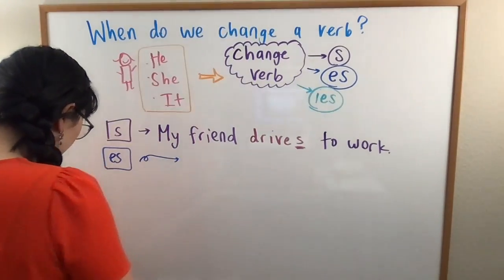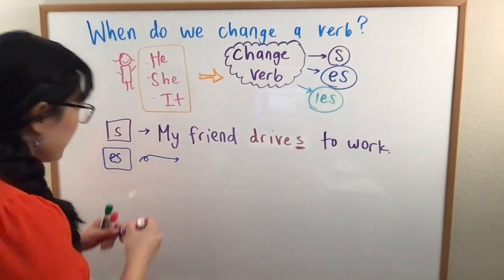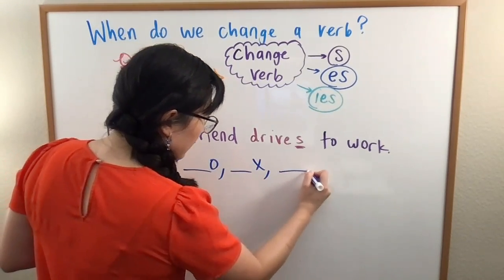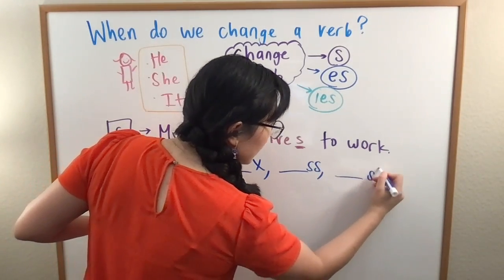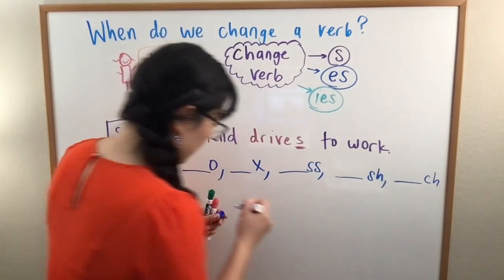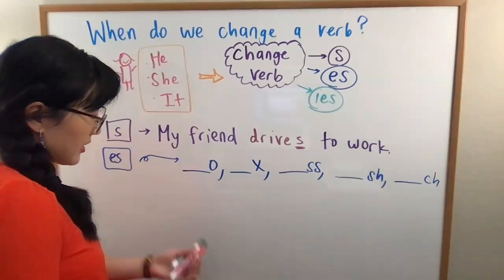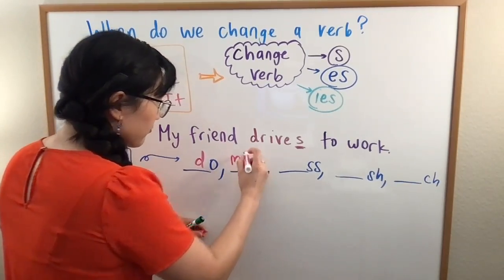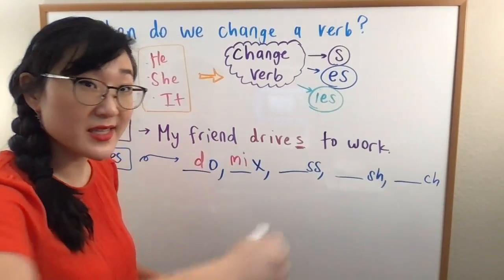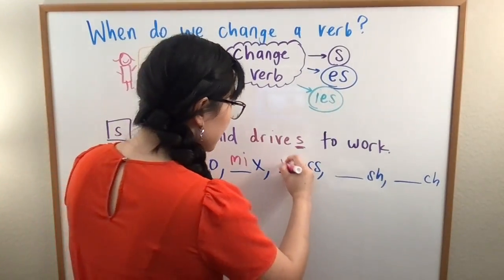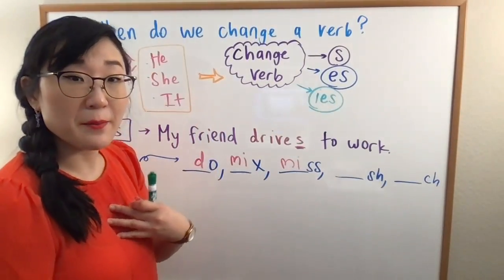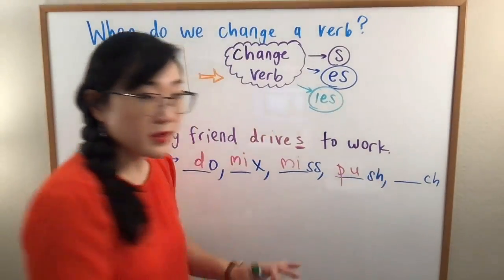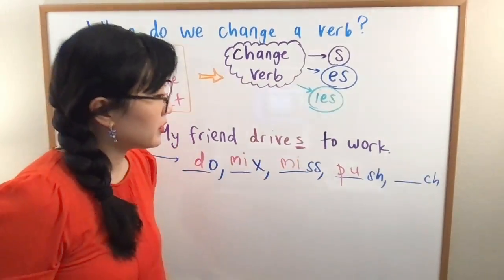So remember, for ES, I need to remember O, X, SS, SH, CH. So, for example, do your homework, mix the food, mix the salad, I miss my friend, I push the door, push.